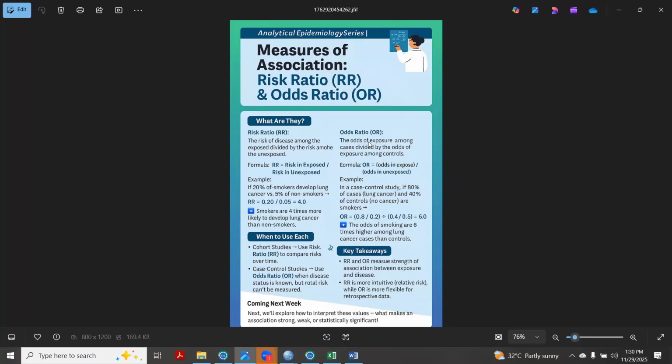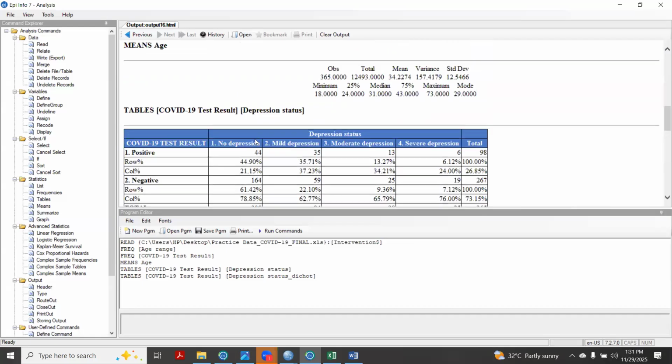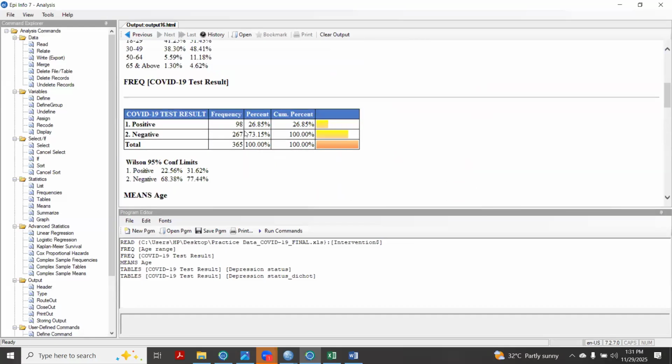So you take a population of people and you test them for COVID-19. Now, if you look at our results here, let's look at the descriptive. The prevalence of positive cases for COVID-19 is 26.85.